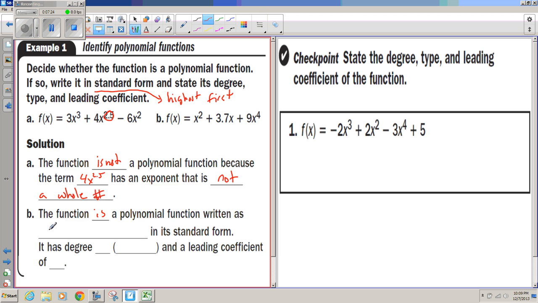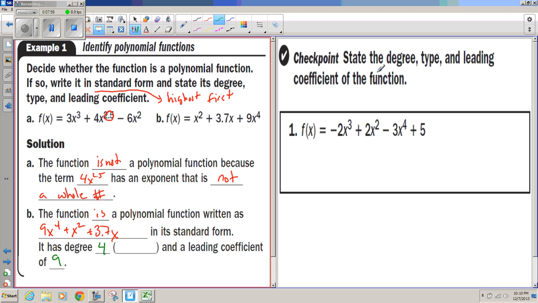So you look at that and you should see that 9x to the 4th, the highest exponent, plus a positive x squared, and then a positive 3.7x is in standard form. Looking back at the definitions, the degree is the highest exponent, so the degree is 4. And the leading coefficient is 9.